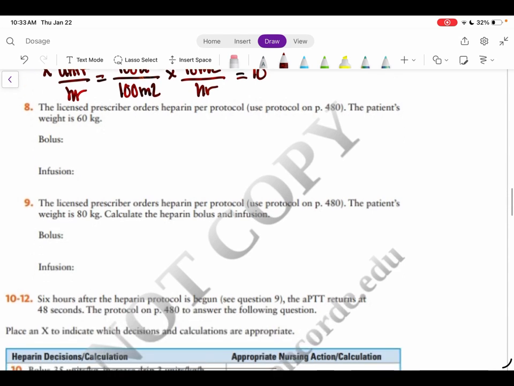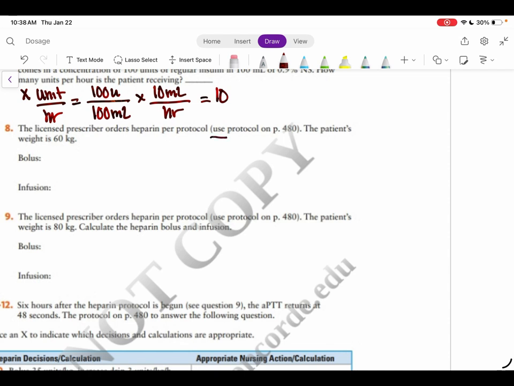All right, number 8. You have this protocol on page 480. This protocol tells you that for a bolus of heparin for any patient, you have to give 70 units for every 1 kilogram of their weight.